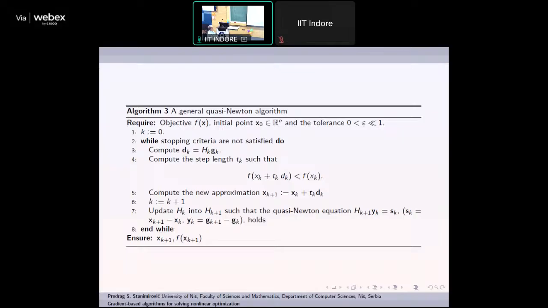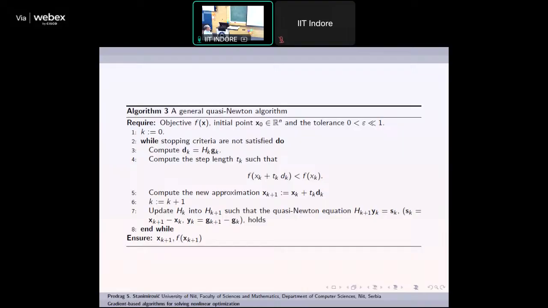Here is the general quasi-Newton algorithm. The objective function is the input, the initial point again, and again the tolerance for the stopping criterion. Start from 0, from the initial point, and perform a while cycle. Inside, compute the search direction as the approximation of the inverse of the Hessian times the gradient.